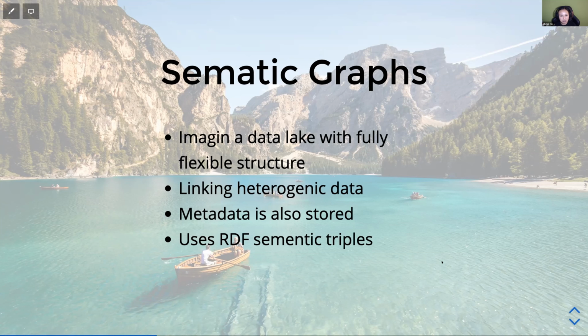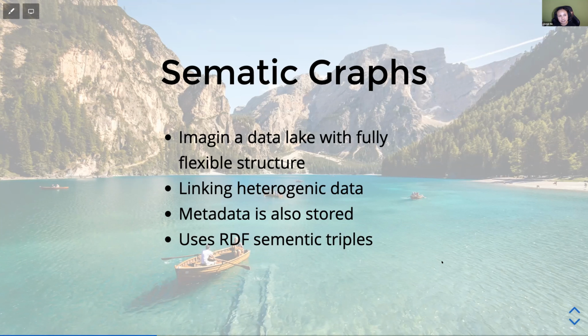But semantic graphs need to use this RDF schema. So there are semantic triples and RDFs. I talk about this a lot in my workshop, where I spend an hour on this, so I would not go too deep today about RDFs.